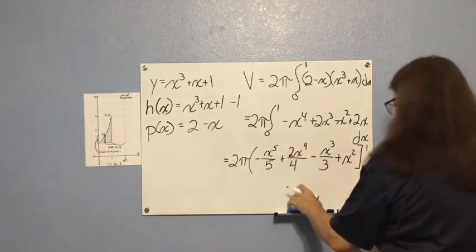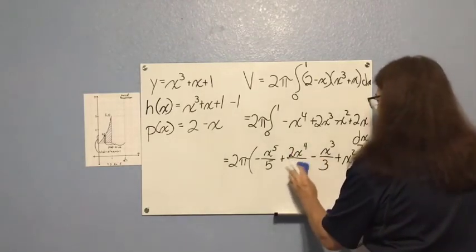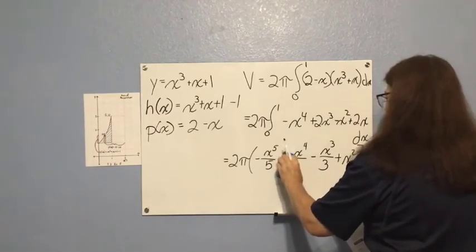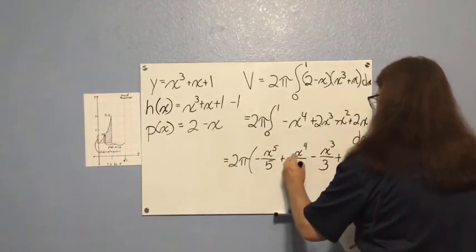Okay, I see here I've got 2 over 4, so I'm going to reduce that and just make it 1/2.